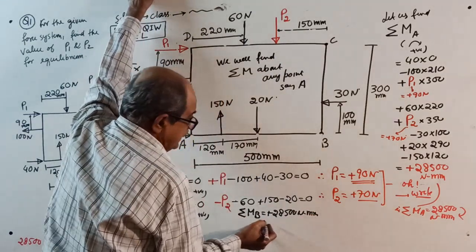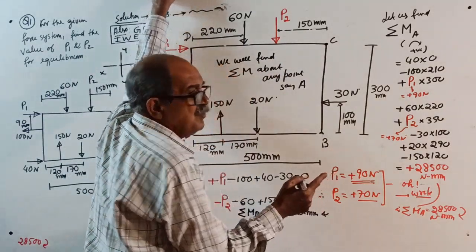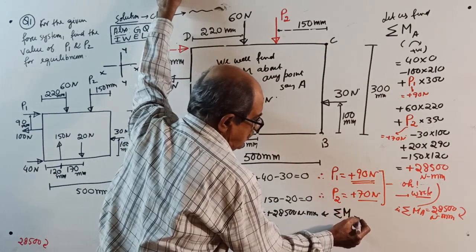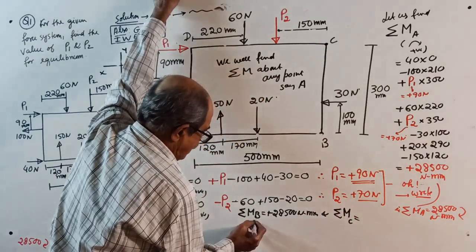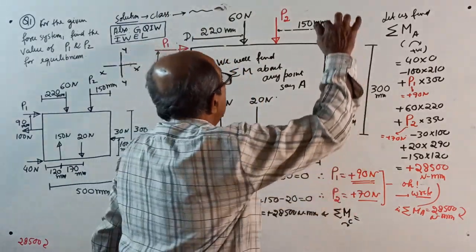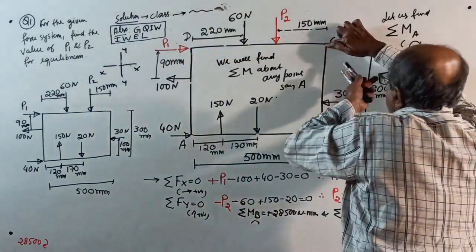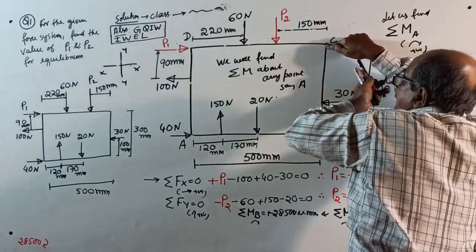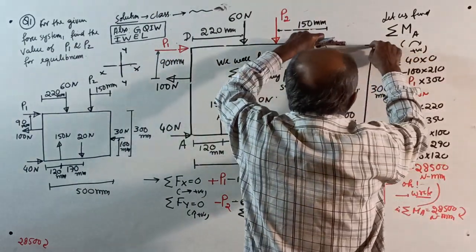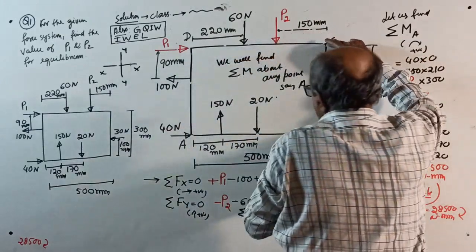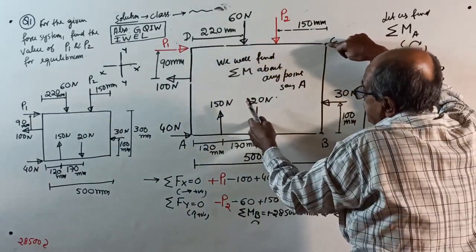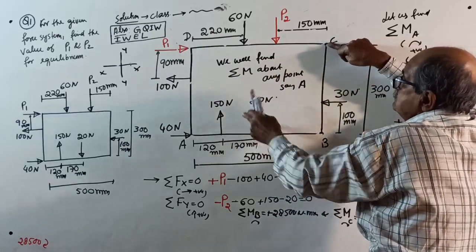Or somebody will tell, sir, take opposite corner, take moment about C. These are all for practice or concept. Find sigma m about C. Take clockwise positive. Now distance all will change. Start from here. Plus 30 into 200. Why 200? 300 minus 100. Then minus 20 into this distance, that is 210.